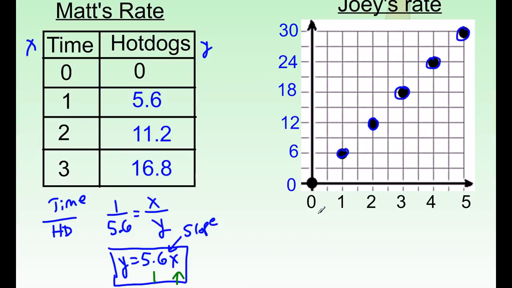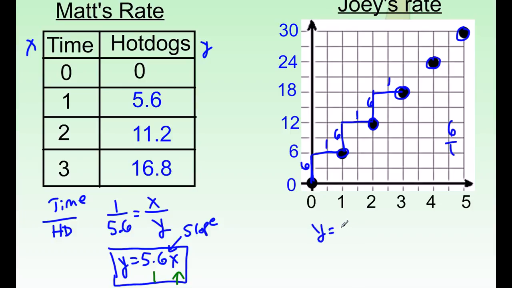Yeah, so every 6 up, go 1 over. Up 6, over 1. Notice I'm not counting boxes, I'm looking at the units. So from here to here is up 6 units this way, and here to here is over 1 unit that way. So the slope is 6 over 1. That would be his rate.